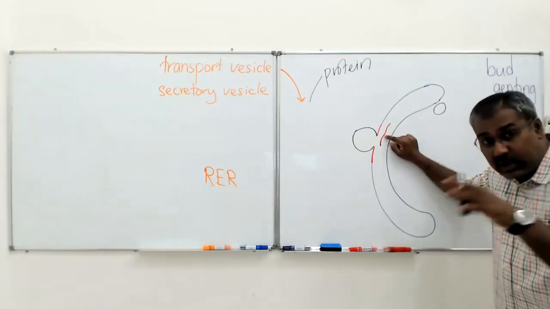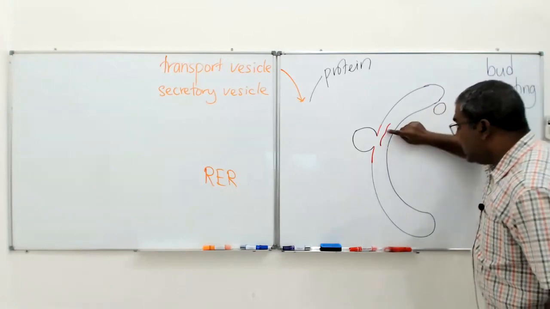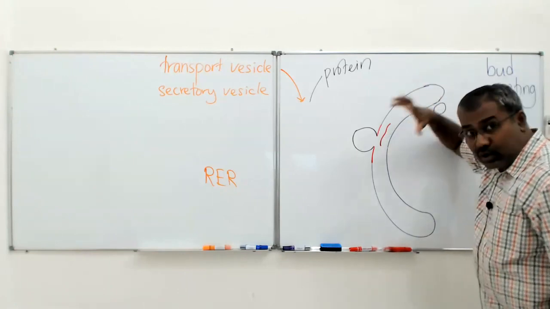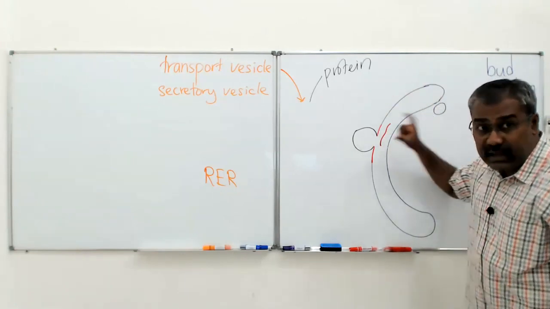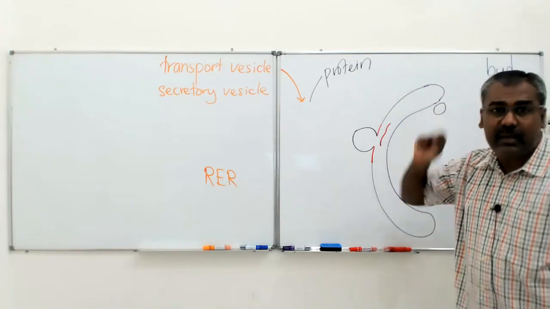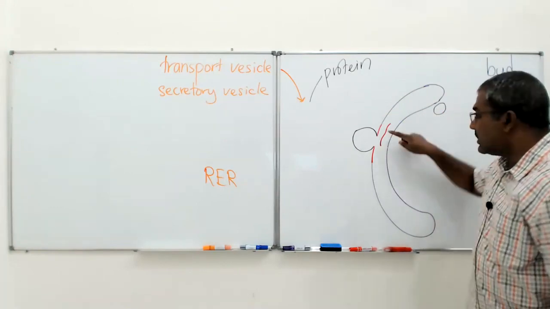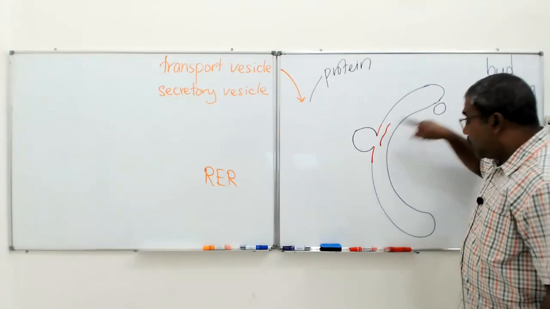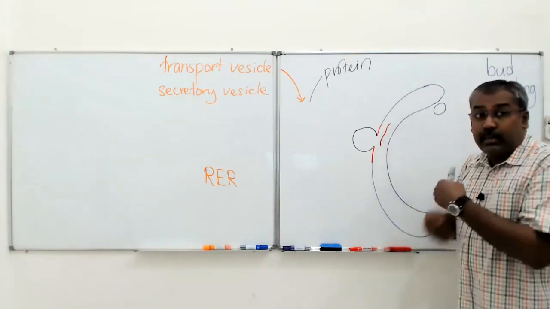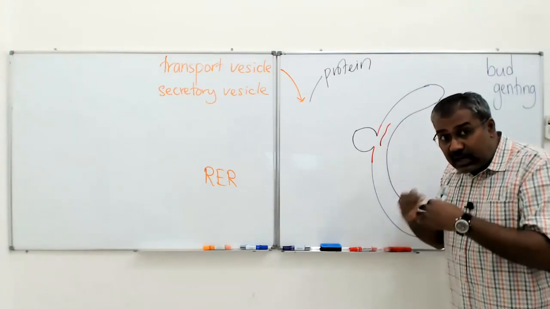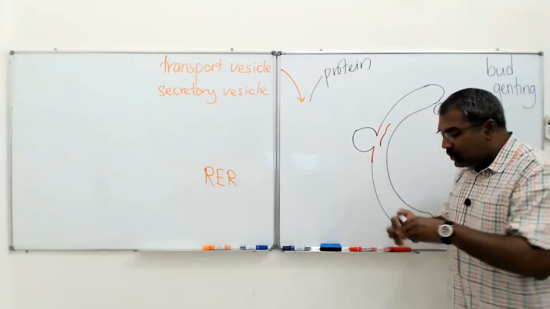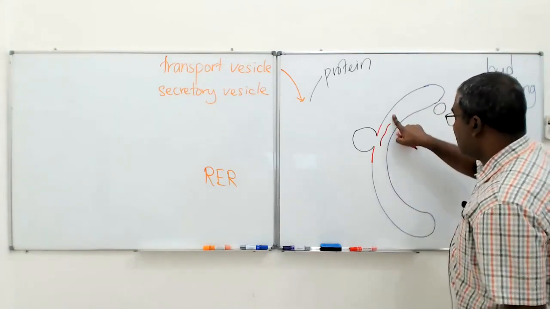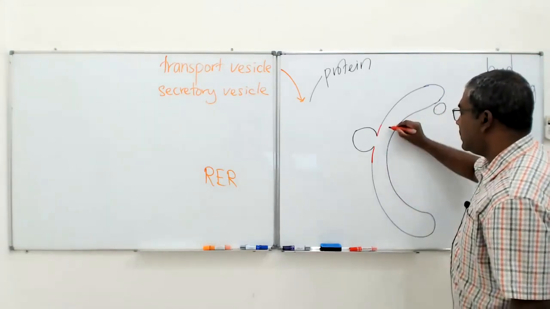Contohnya, protein ini Golgi akan proses dan ubah suai dia menjadi enzim. So just now was protein. Protein ini Golgi akan proses, akan ubah suai dia jadi enzim. So let's say sekarang protein ini ditukarkan menjadi enzim.